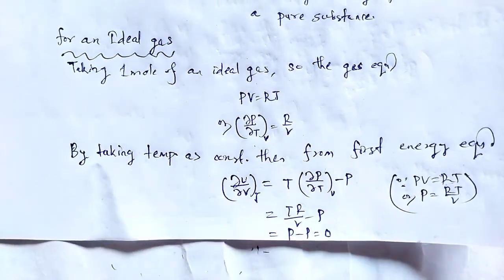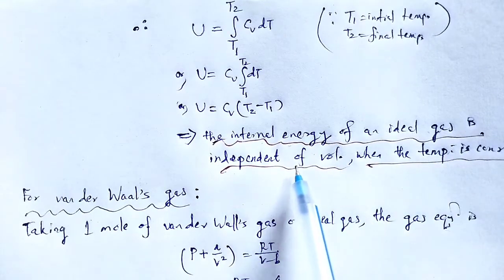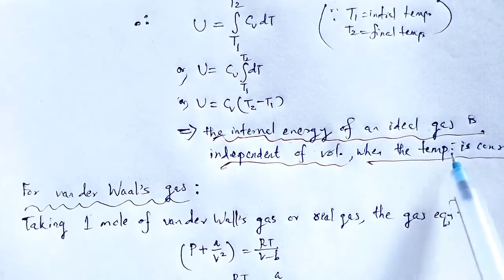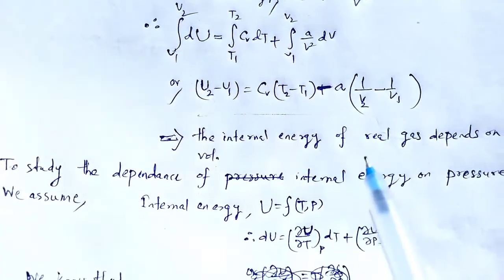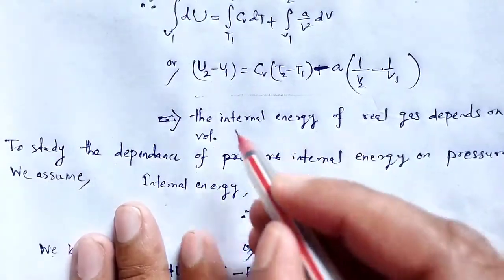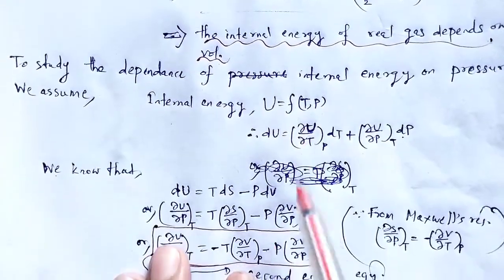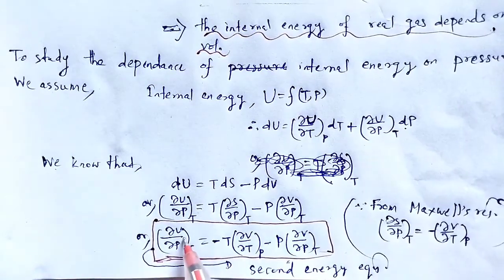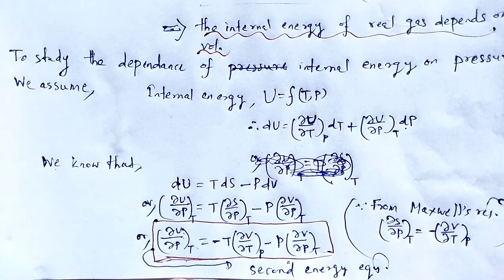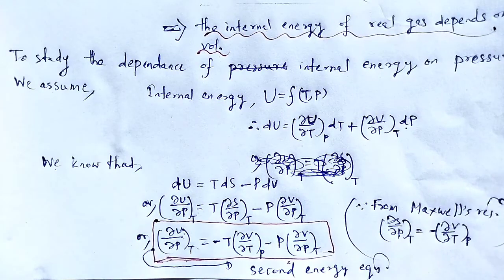For an ideal gas, the internal energy is independent of volume when the temperature is constant, while for a Van der Waals gas it depends upon volume. Finally, the second energy equation: (∂U/∂P) at constant temperature equals minus T(∂V/∂T) at constant pressure minus P(∂V/∂P) at constant temperature. So with these useful and informative notes, let me wind up this session. Thank you.